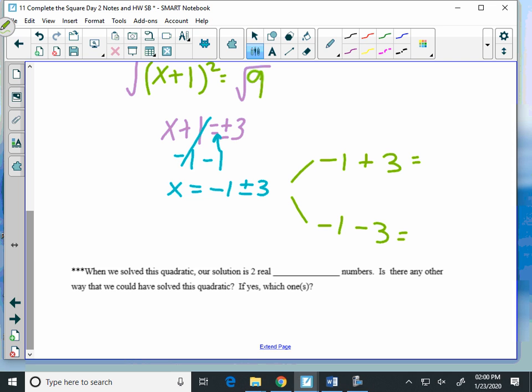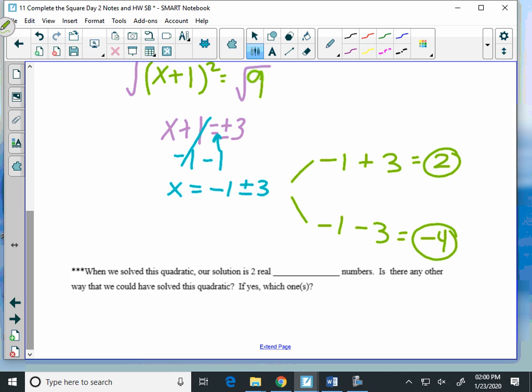Negative 1 plus 3 is 2. There's one of our roots. Negative 1 minus 3 is negative 4. That's another root. So sometimes, like the quadratic formula, that happens when we complete the square. So when the radical goes away, there's no more I. We just have numbers. We can keep going.